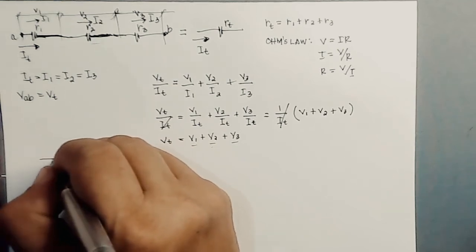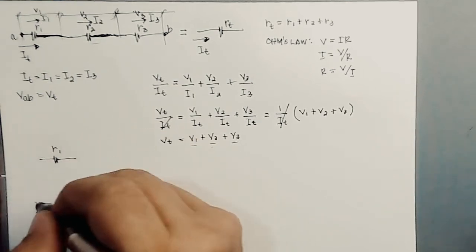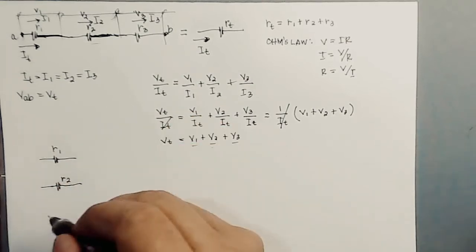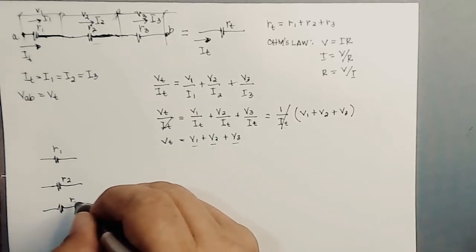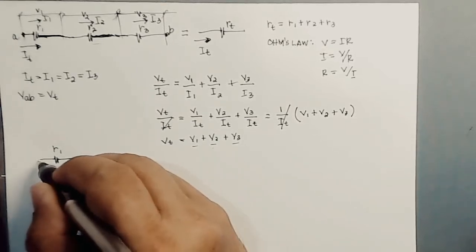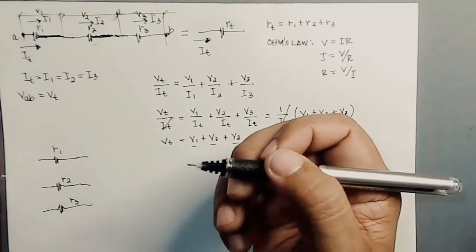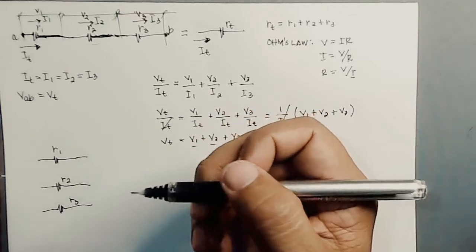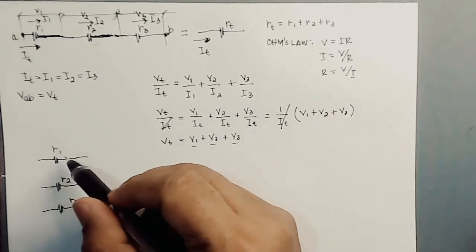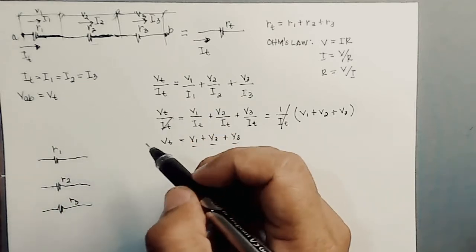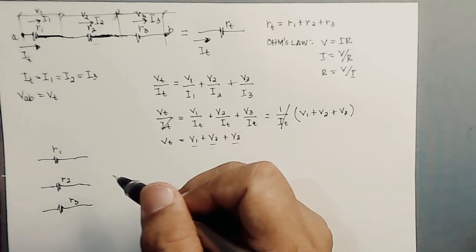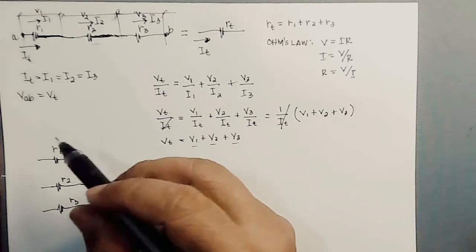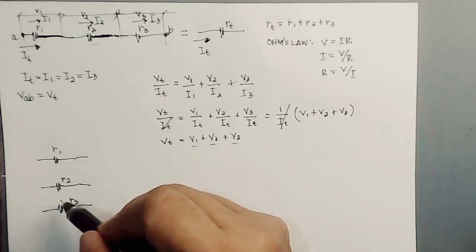For instance, I have here R sub 1 and another resistor here, R sub 2, and another resistor, R sub 3. Okay, so currents are not the same here. Now, if we are to connect from end to end the nodes of our resistors, each node should be connected to the same node of the other resistors.